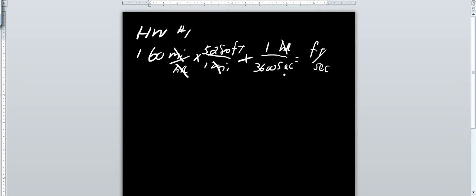You make this multiplication and you come out with, just grab a calculator here.